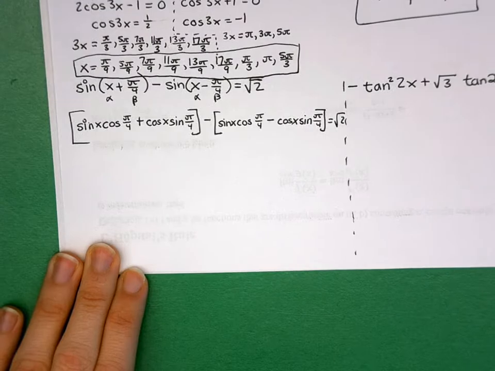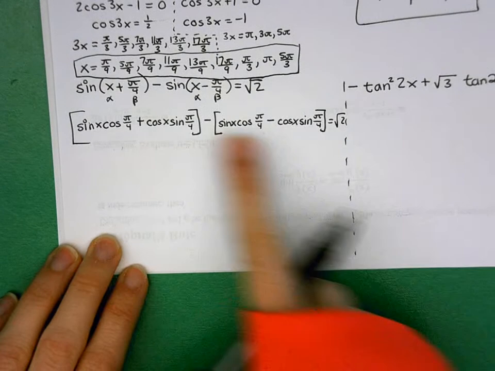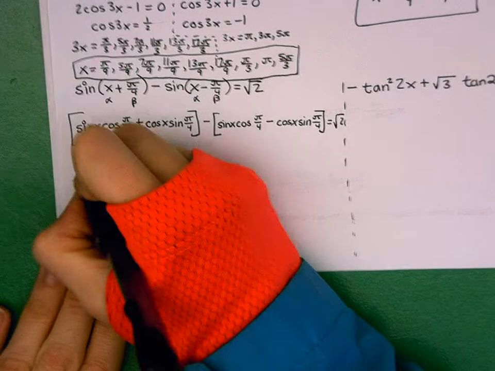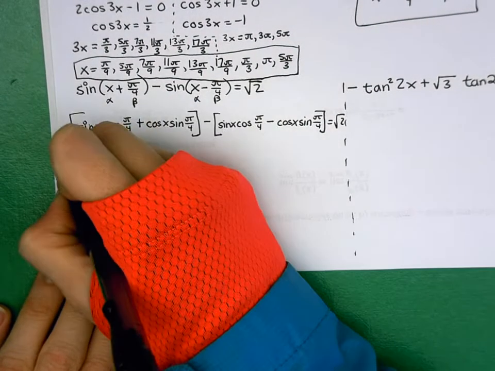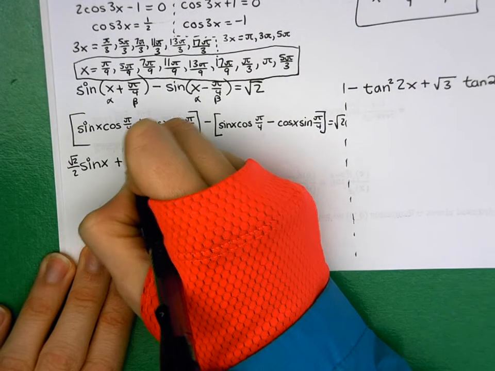Okay, so I'm going to go ahead and distribute the negative here. While I do that, I'm also going to evaluate my pi over 4ths because I do know that all of those equal. Okay, cosine of pi over 4 is root 2 over 2. Sine of pi over 4 is root 2 over 2.